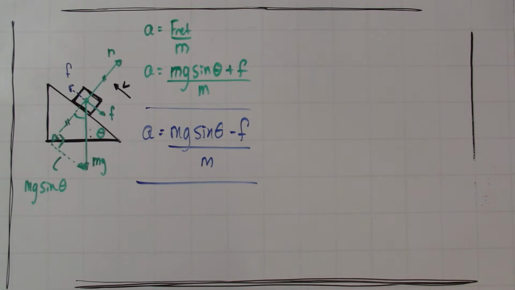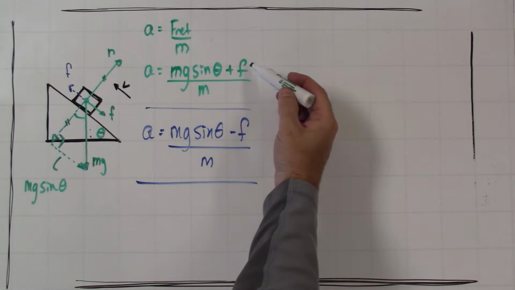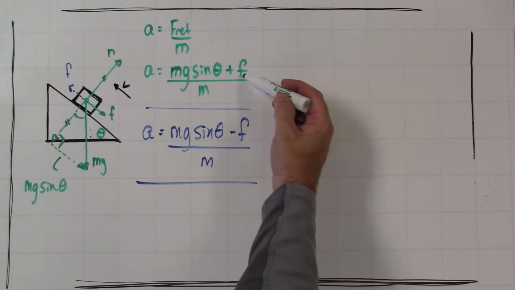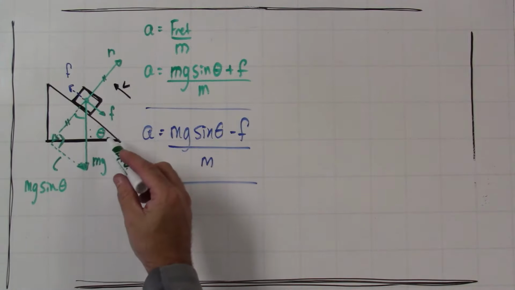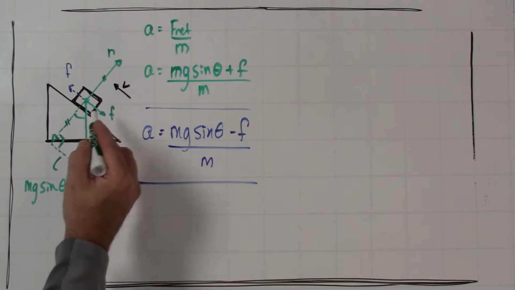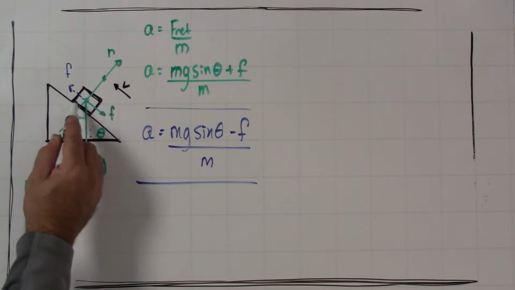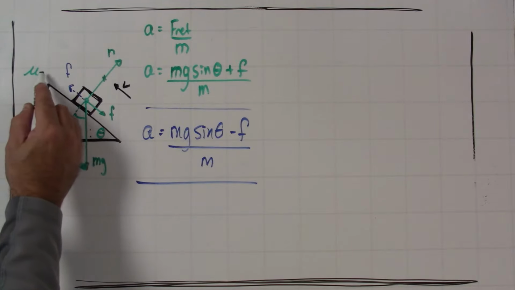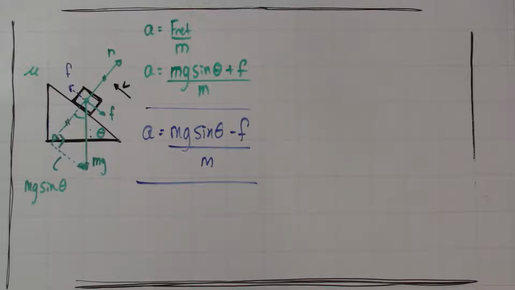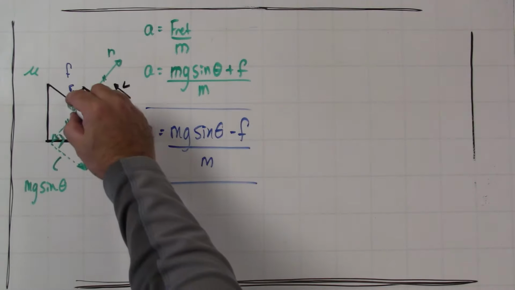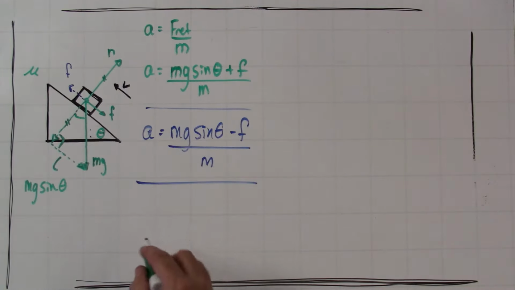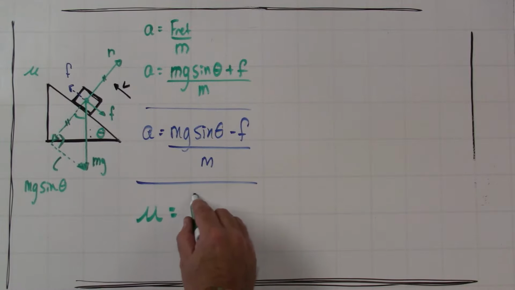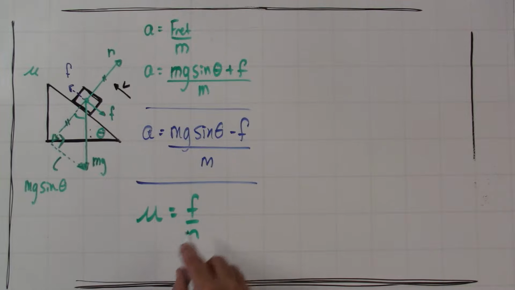Well, one thing I find interesting about this problem is that I can think about the frictional force in the context of the normal force and the coefficient of friction. So if I tell you that the coefficient of friction is the Greek letter mu between the block and the ramp, we can work with that. So our definition for this is the coefficient of friction is equal to the frictional force over the normal force, which is an interesting thing.